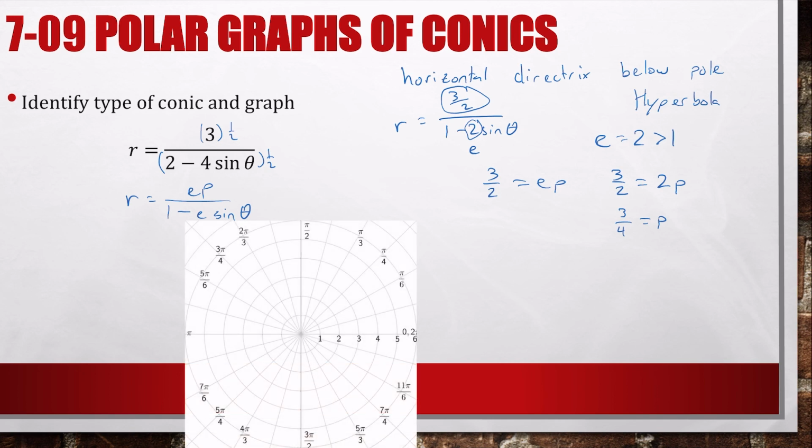I'm going to put my directrix in first, which is about 3/4 of a unit below the focus, because remember, the focus is right here in the center at the pole. Then we make a table on the calculator and plot all the points it gave. I got all those points by making a table on my calculator, and then connect them with lines.